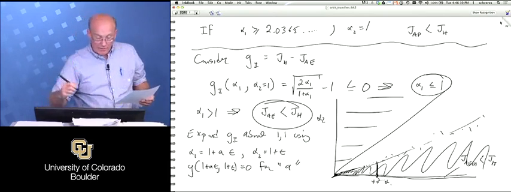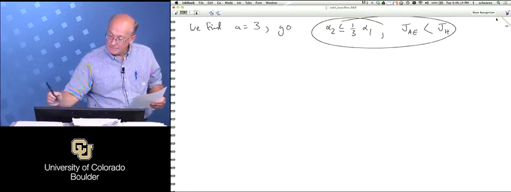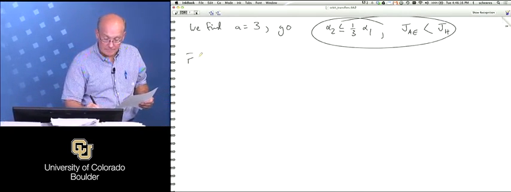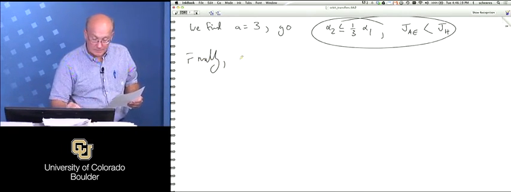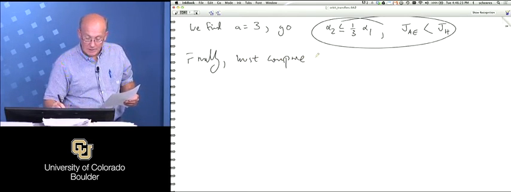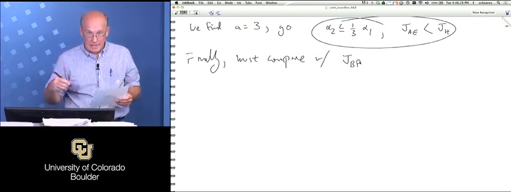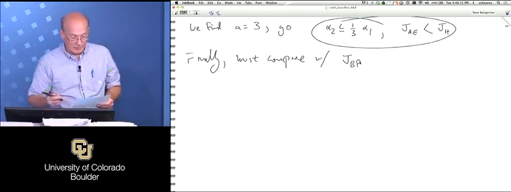But after you do all that, you still have to finally compare it with, I'll call it J sub BP, for the biparabolic transfer option.